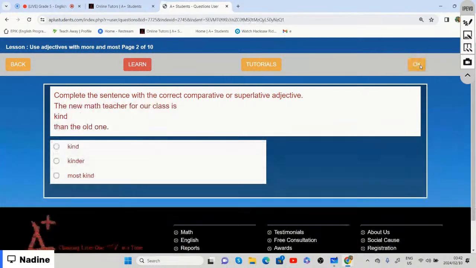We now need to complete the sentence with the correct comparative or superlative adjective.